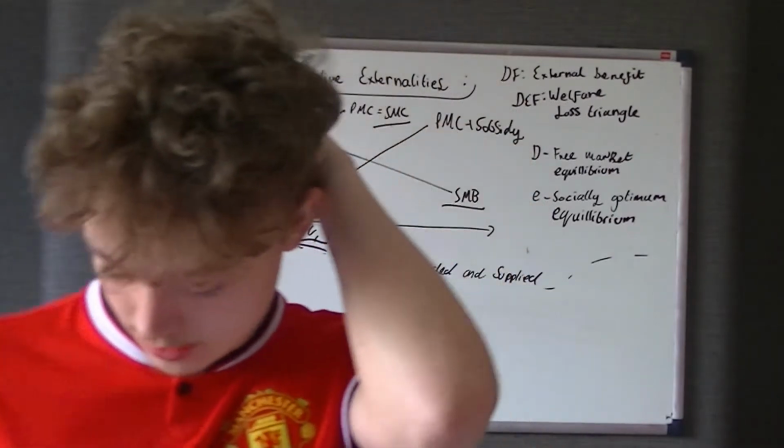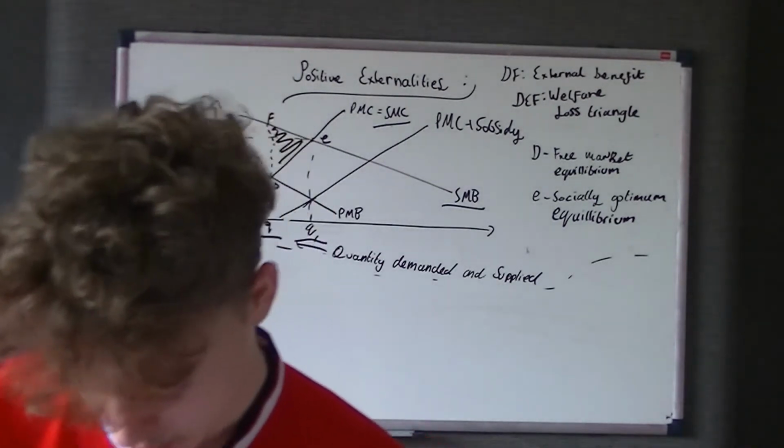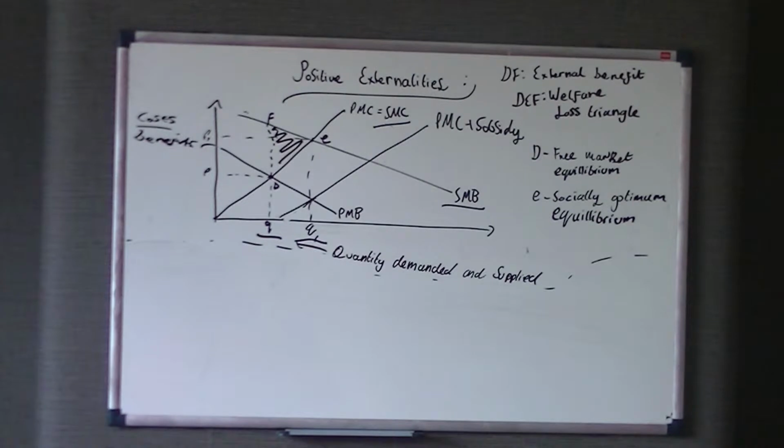So we've explained the diagram. Now there's a couple of ways the government can step in here. The government can step in with a subsidy, which is what we're going to talk about, or it could come in with regulation, which is sort of what we said before for the negative externality as well, the same sort of thing, except for regulation you're releasing the regulation, so you're increasing the production and the consumption of the goods.